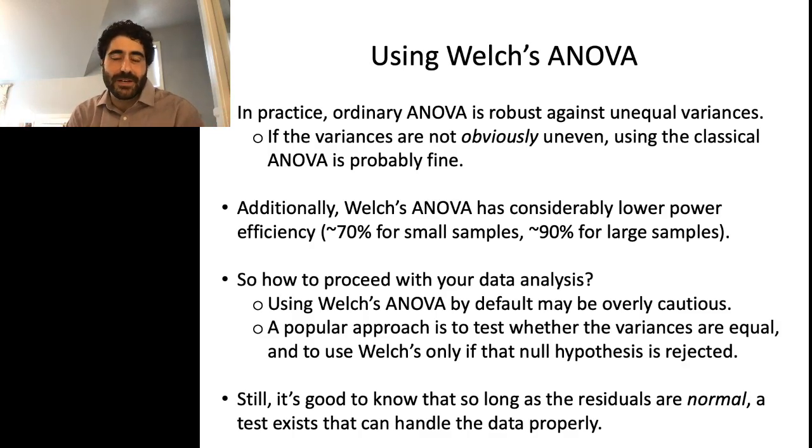So if the ratio of variances is less than 1 to 3 or something like that, then that's probably close enough that a regular ANOVA would be fine. If it looks like the population variances are farther apart than that, then you'd want to use one of these Welch ANOVA variants.